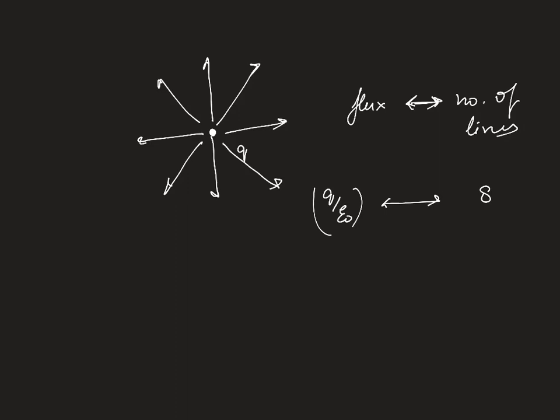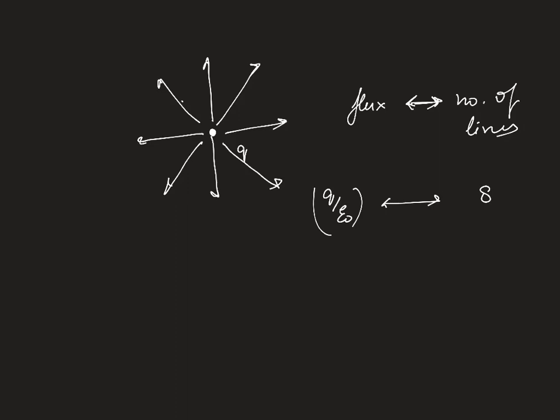Now what is the correlation or the comparison between flux and number of lines? We know that flux is constant, Q by epsilon naught. And if you take a specific number of lines, for example 8 lines, the number of lines will also be constant.